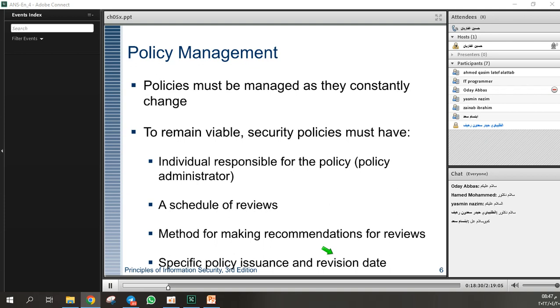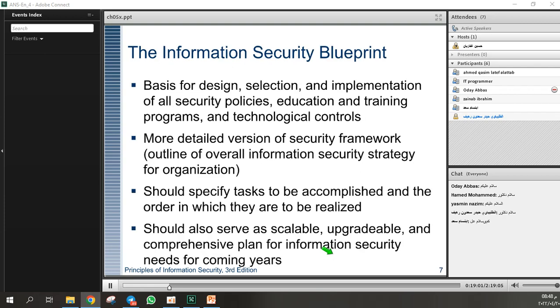So according to this schedule, after 1 year, I need to revise the policies. Act based on this guidance and this flow chart. So to remain viable, we need a policy administrator, a schedule to review, recommendations and flow charts for reviewing, and policy issuance and revision dates.